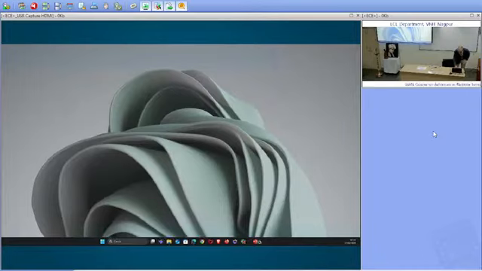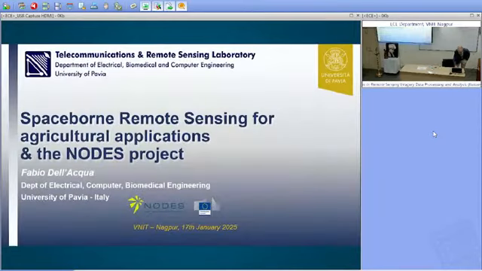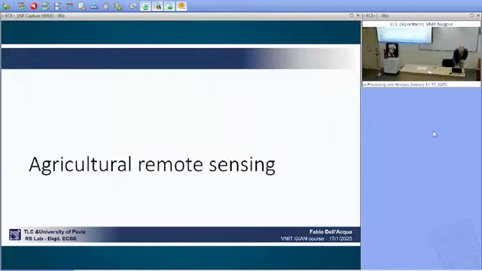So the topic of this last lecture will be agricultural remote sensing, because I wanted to complete the visiting of the processing chain from generation of data to processing to information extraction, now to possible applications.